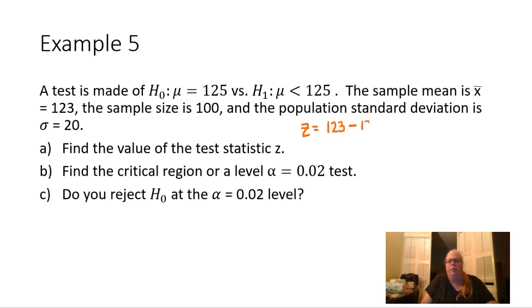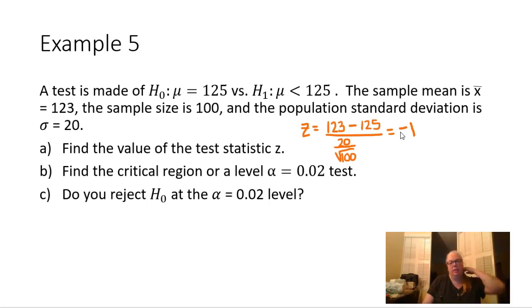That's going to be 125, divided by sigma, which they gave me to be 20, divided by the square root of the sample size, which they told me is 100. All right, let's put this in the calculator and see what we get. And this gives me -1, and that came out really nice with no decimals or anything in there.